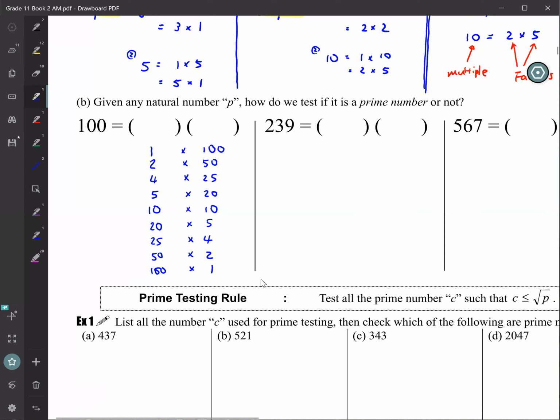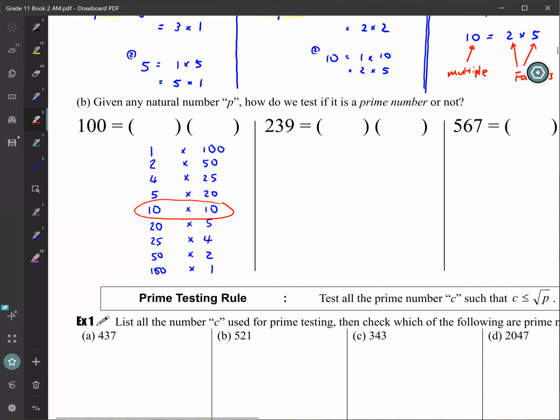Okay, so what's the point of writing it reversed? Because they're basically the same thing. The point is we can see that after it reaches 10 times 10, it's kind of like the middle. And after the 10 times 10, everything is the same as before.